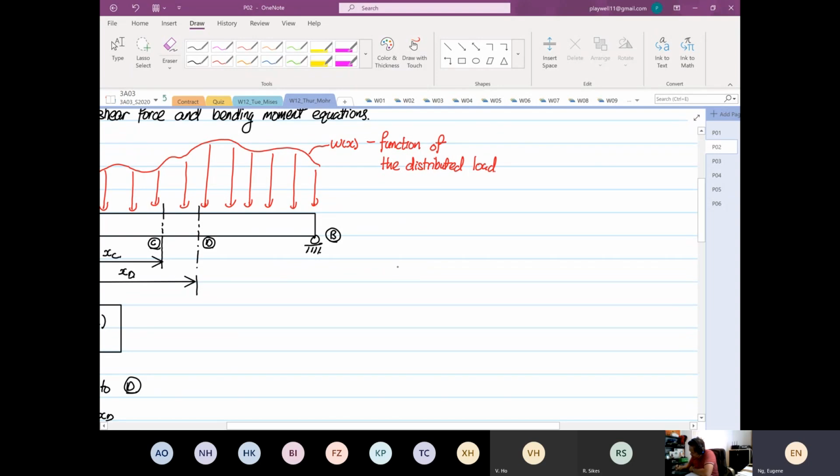So if we have an evenly distributed load, this is your point A, and this is your point B, and you have an evenly distributed load, which is omega, and this is L, right?